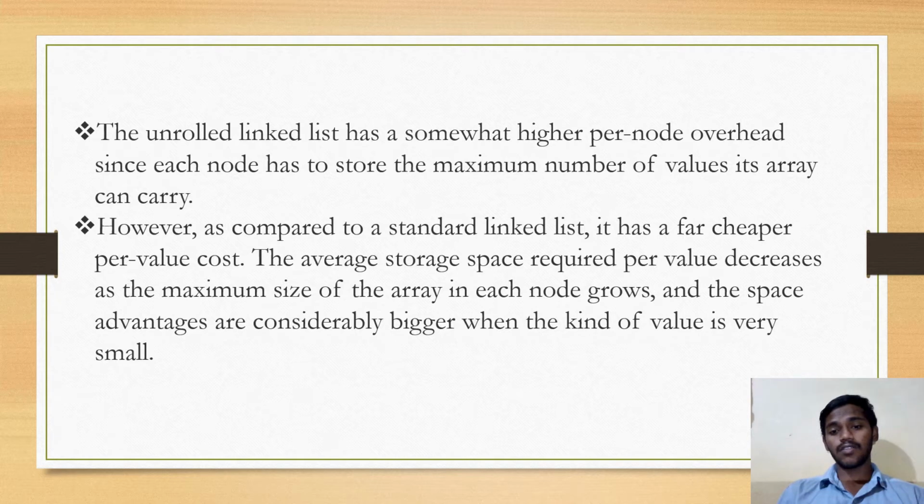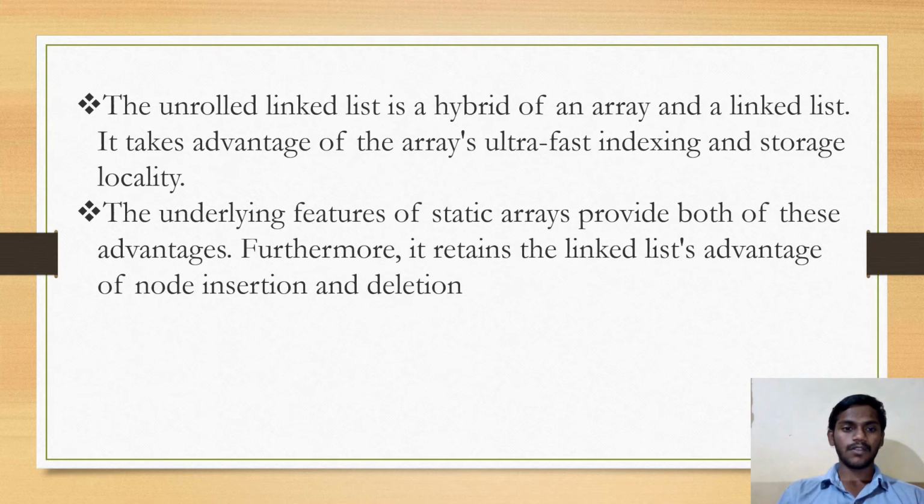The average storage space required per value decreases as the maximum size of the array in each node grows, and the space advantages are considerably bigger when the kind of the value is very small. The unrolled linked list is a hybrid of the array and a linked list.